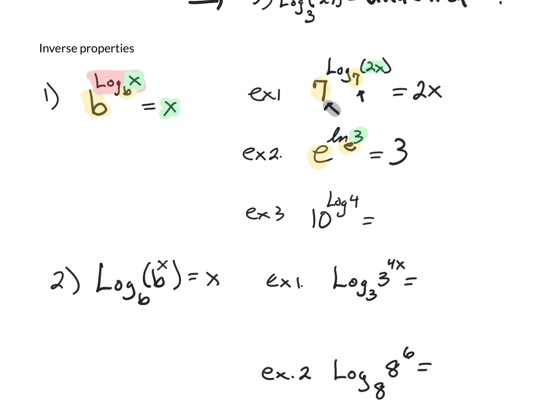Then example 3 is 10 to the common log of 4. If you have no base, that implies the base is 10. So that would equal 4, because the bases of the log and the exponential are the same. So that's how that inverse property works.